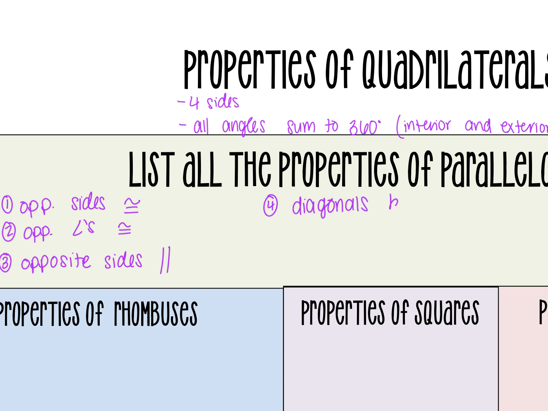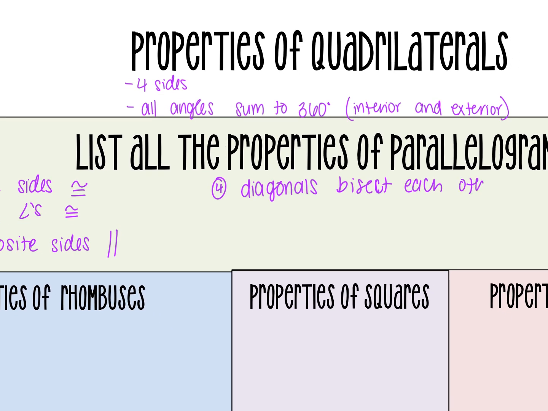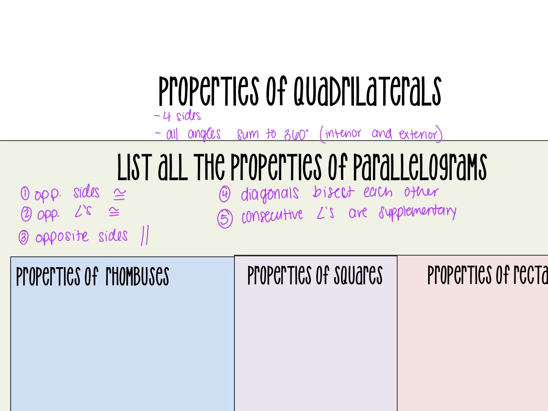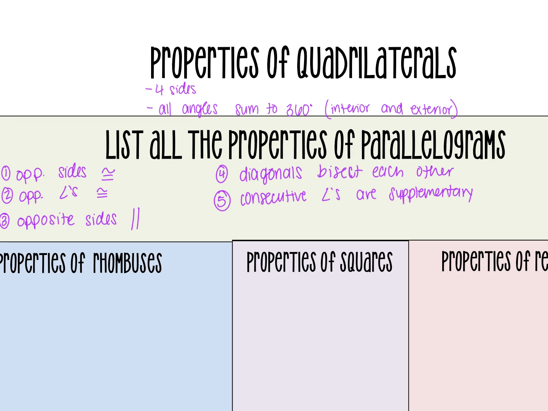Diagonals bisect each other. And consecutive angles are supplementary. Okay, so that is properties of a parallelogram. So we have to know the properties for parallelograms.